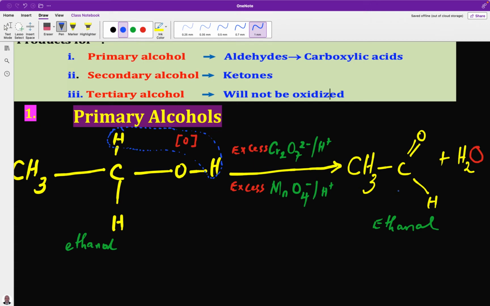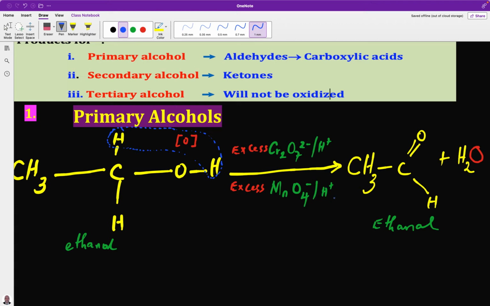That is why I said primary alcohols are heated under reflux with a good oxidizing agent like excess acidified potassium dichromate or excess acidified potassium manganate 7.